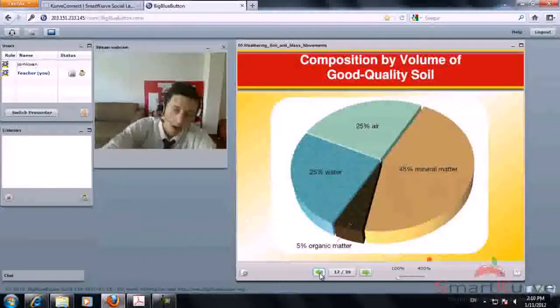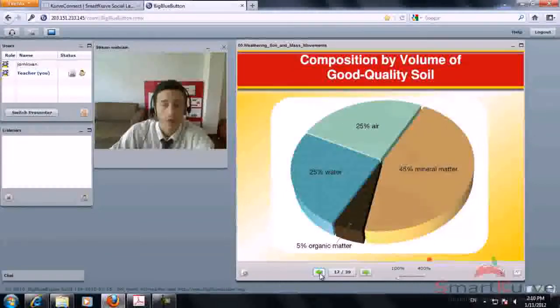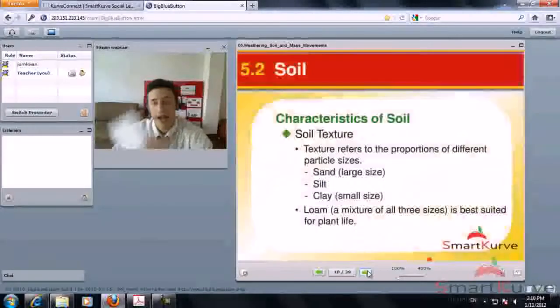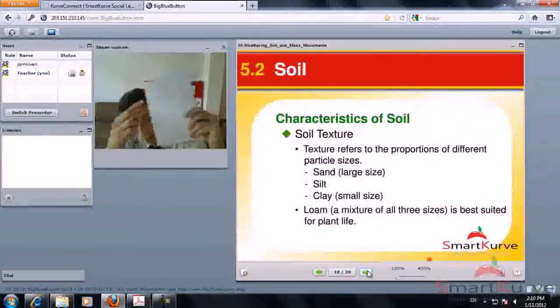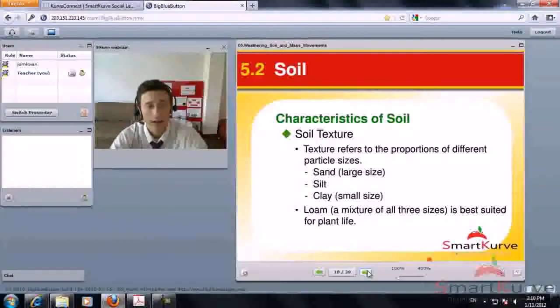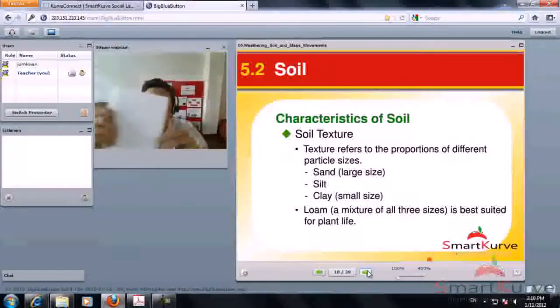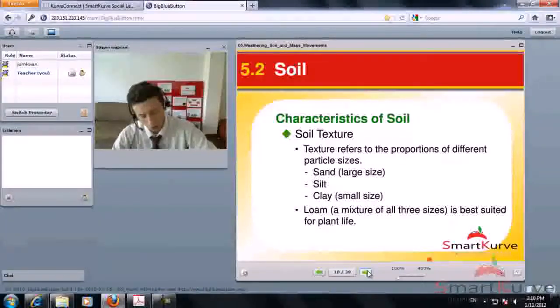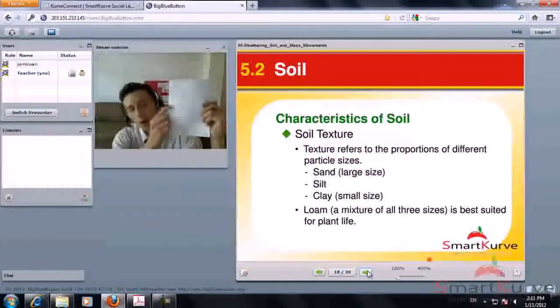Remember, our good soil is about 25% air. So sand is going to let in air, but it will not hold water. Water is just going to trickle through that sand.